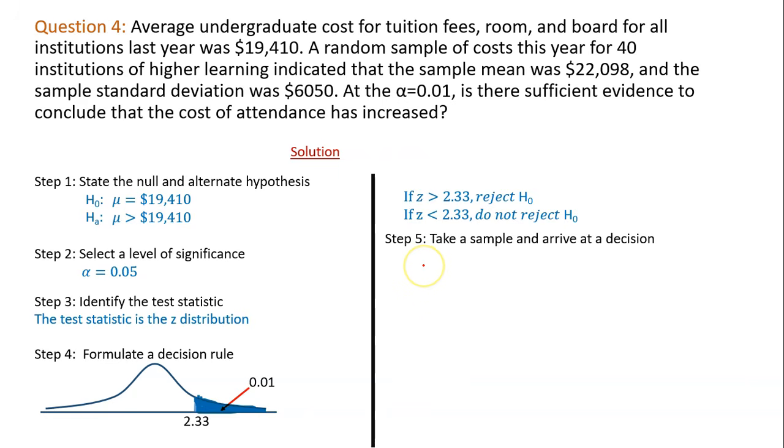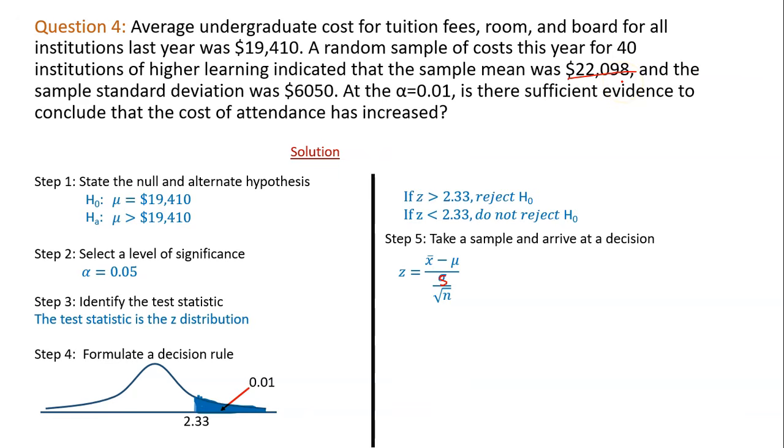To do that, we are using the z. So we say z is equal to x bar minus mu divided by sample standard deviation over root n. So our mu is here, and then x bar is 22,098. It said a random sample of cost this year for 40 institutions of higher learning indicated that the sample mean was 22,098.